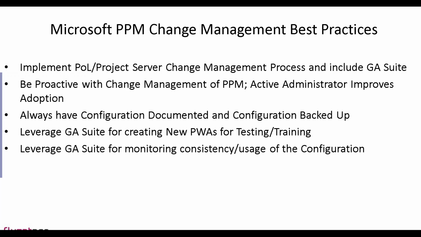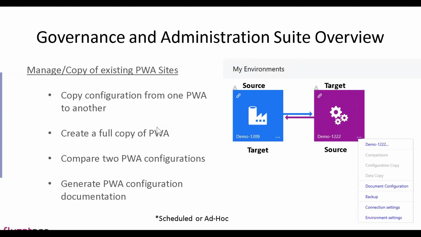And you can use the GA Suite for monitoring the consistency and usage of the configuration. We have an audit feature, and there's some reporting that's also available to enable that. So before I turn it over to my colleague Kate, who's going to be giving us a demo, just some of the features that we're going to be looking at today in terms of GA Suite for change management.